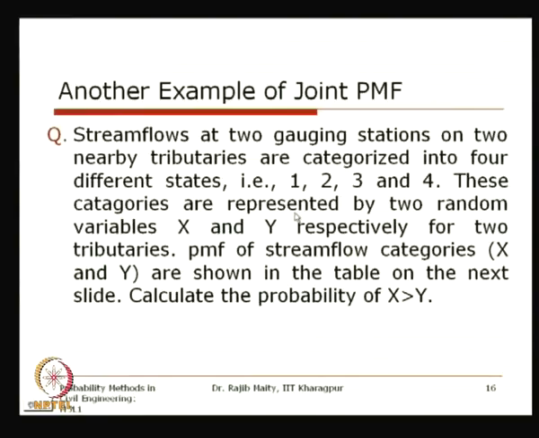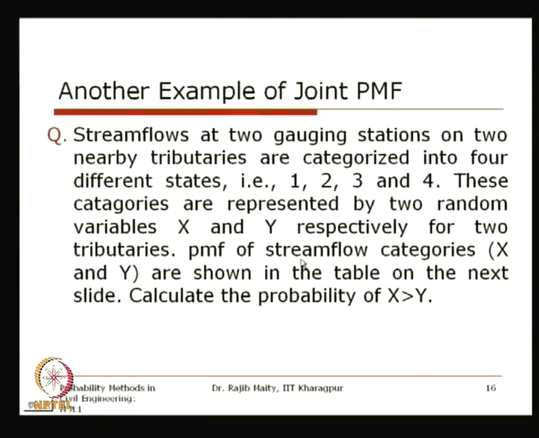These categories are represented by two random variables, X and Y, respectively for the two tributaries. The PMF of the stream flow categories X and Y is shown in the table on the next slide. Calculate the probability of X greater than Y.